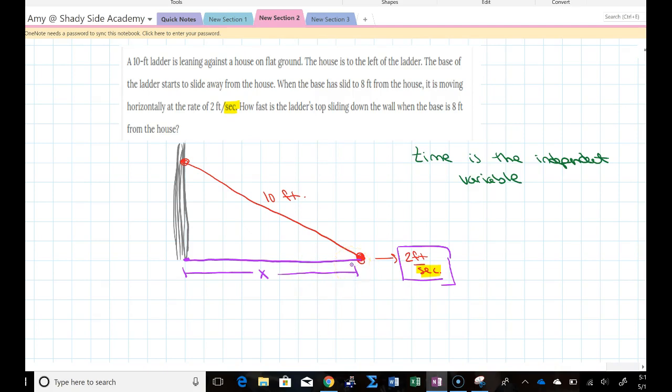Or I can say this, x is increasing at the rate of 2 feet per second, which hopefully should make sense. If the base of the ladder is being dragged along the floor at a rate of 2 feet per second, that's the same thing as saying this distance from the wall is increasing at the rate of 2 feet per second.